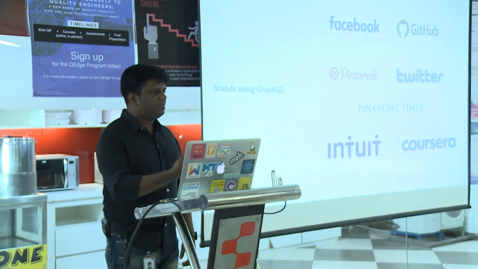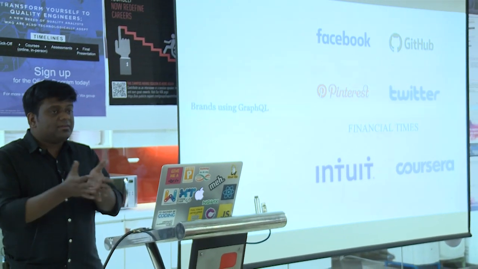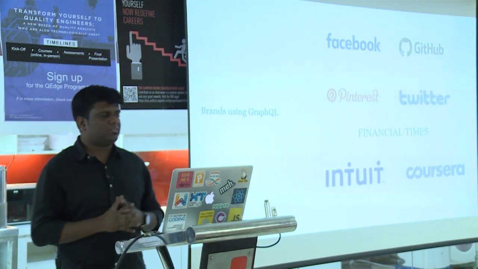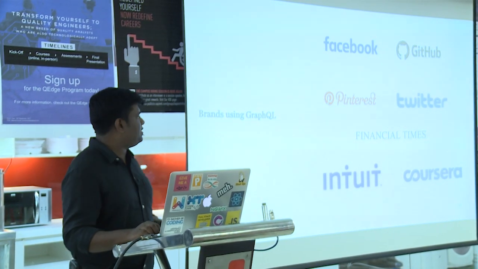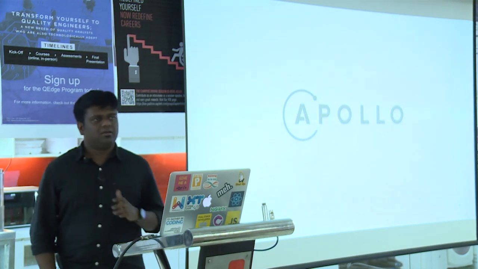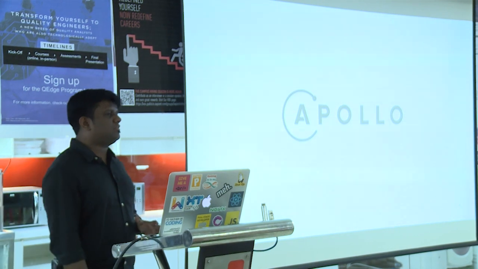So what we'll be doing post this is I'll be creating a server and a client itself so that you can see how those interactions happen between GraphQL. And the primary library that we'll be using for that is Apollo, right? So Apollo is one single implementation which has stood out.